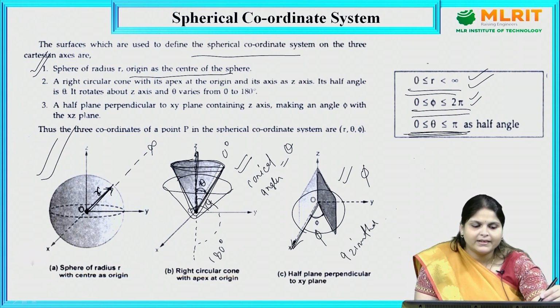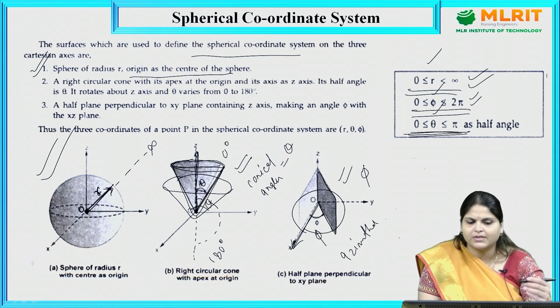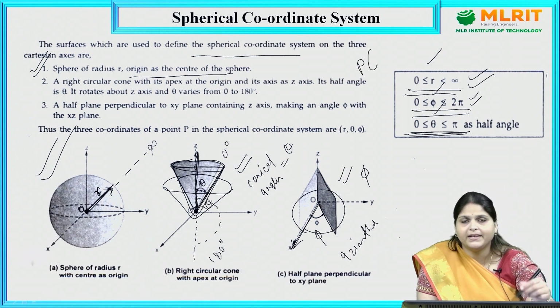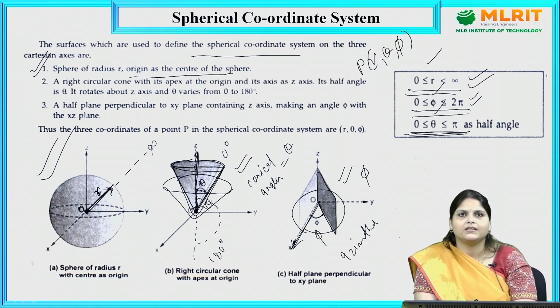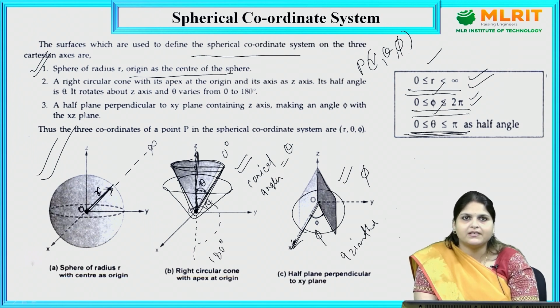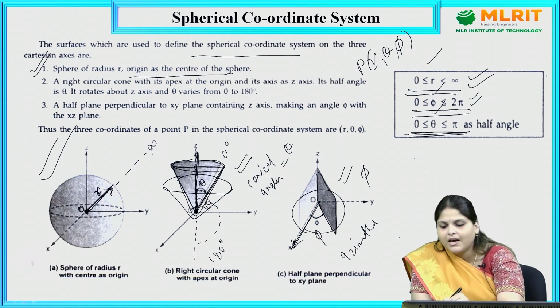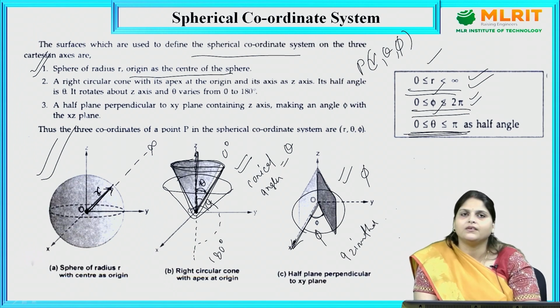So we can clearly see what coordinates we have for this spherical coordinate system. Suppose I want to locate a point, so the coordinates would be r, theta, phi. This r, don't confuse it with the cylindrical coordinate system. In that case, r was the radius of the cylinder. Here the r is the radius of the sphere.